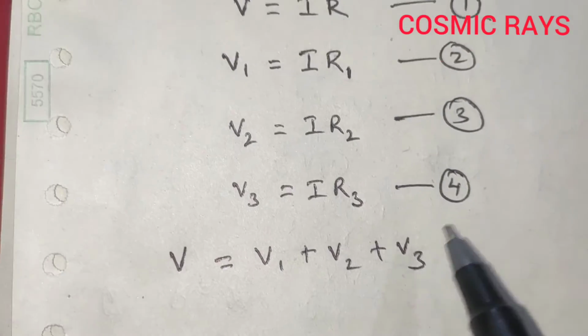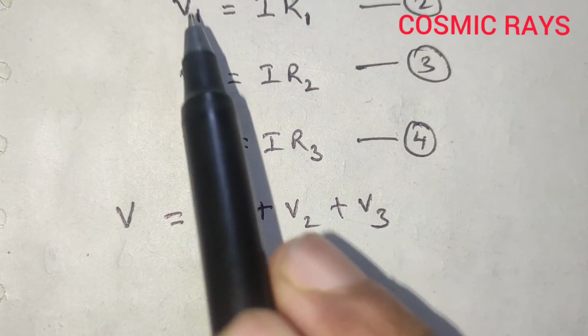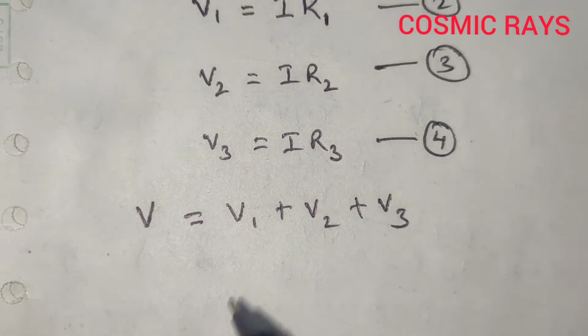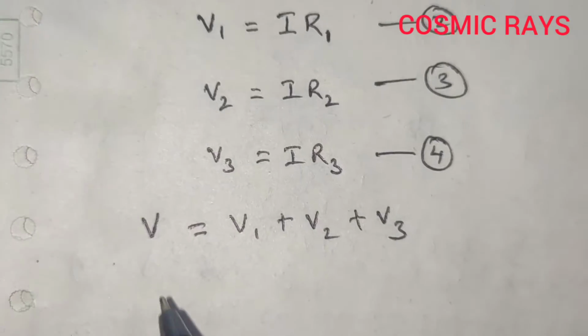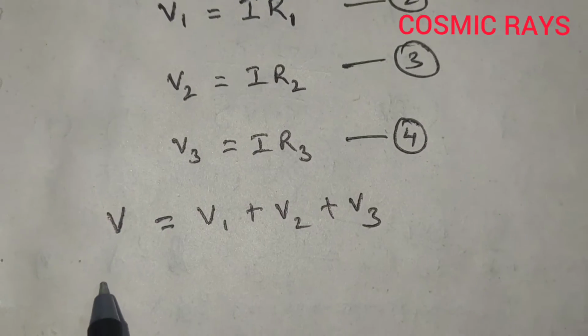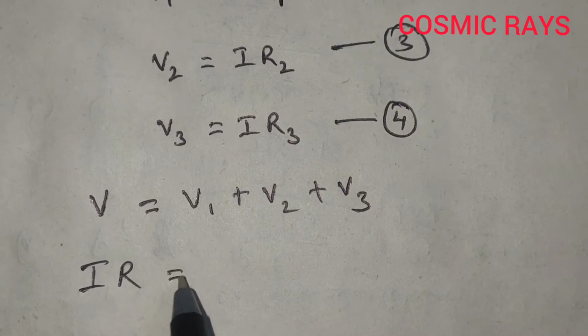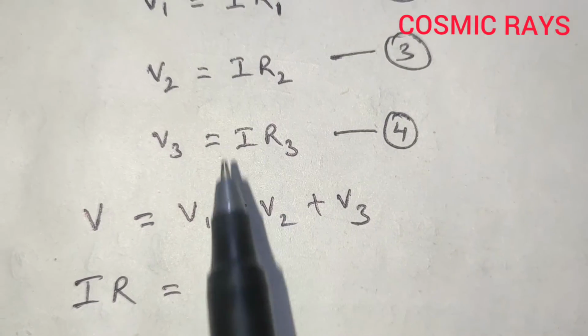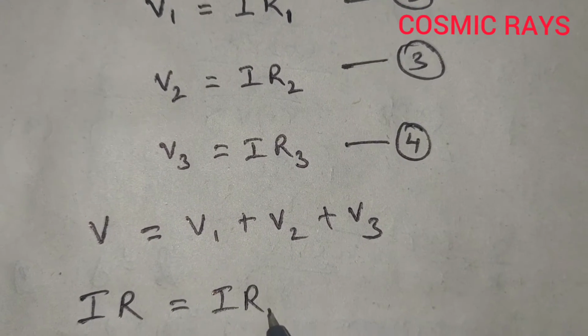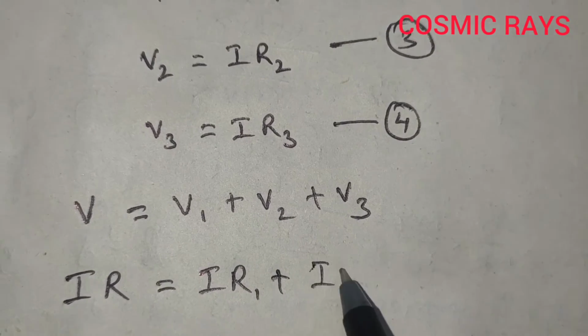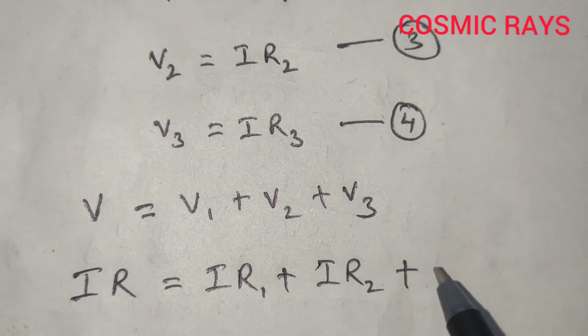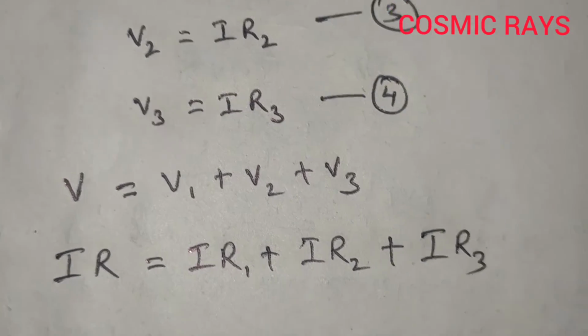So putting the values of V, V1, V2, V3 in this final equation, we will get IR is equal to IR1 plus IR2 plus IR3.